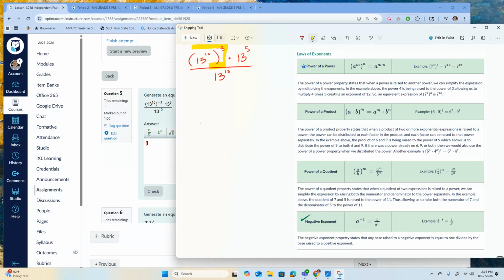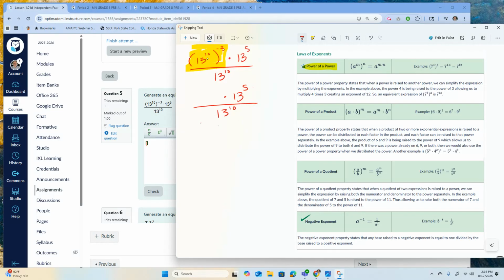I see inside the parentheses I only have one base. When I only have one base and there's an exponent outside the parentheses, I'm applying the power of a power rule, which basically says, let me keep the 13 to the 5th and the 13 to the 10th power.